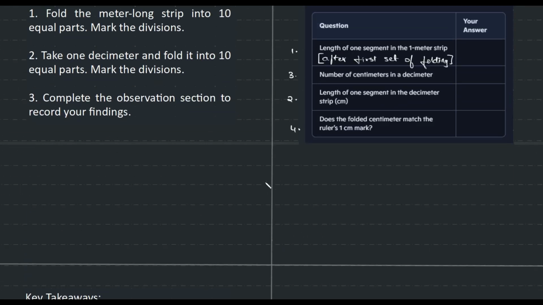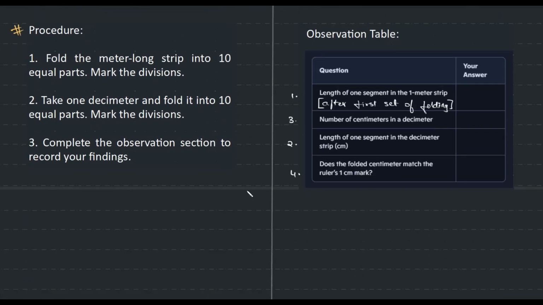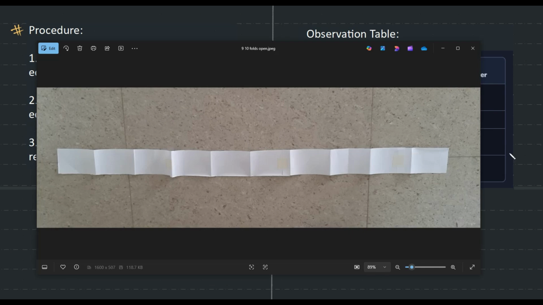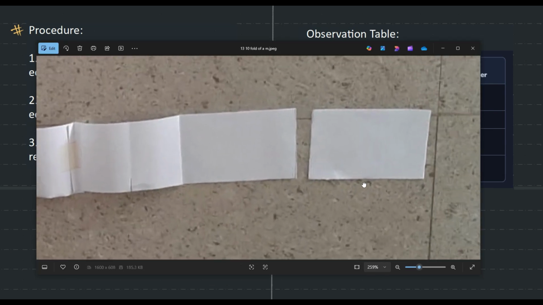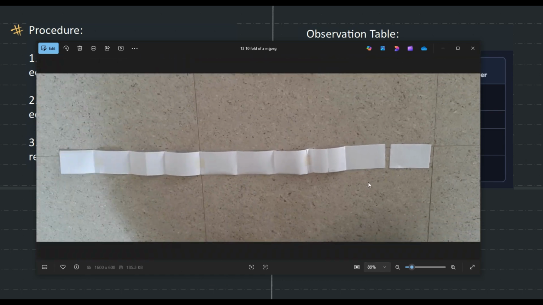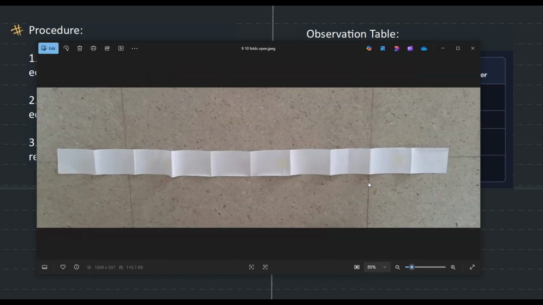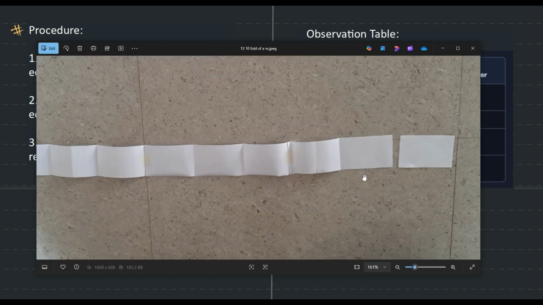I hope you understood that. From 1 length, I went to 10 equal parts. That's all you need to understand mainly. Now we have to take 1 decimeter, that is, one of the small sections like this. See, I have cut that. Originally it was this, then I cut one of it.